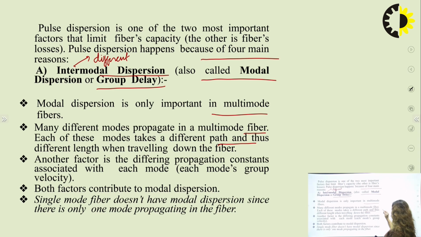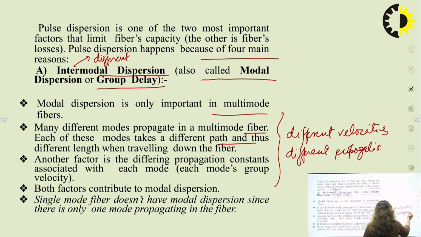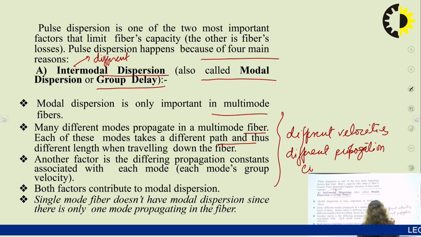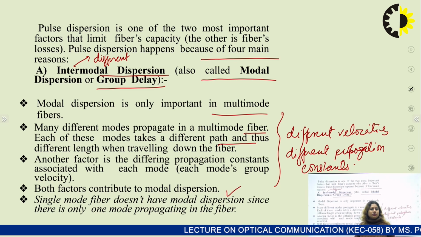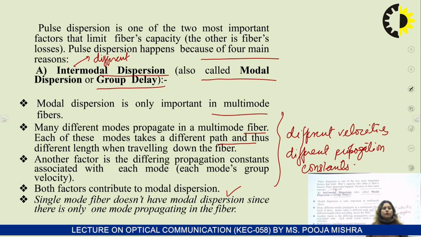Basically, different group velocity or different propagation constant is the reason the intermodal dispersion occurs in multimode fiber. So both factors contribute to modal dispersion. Single mode fiber doesn't have this kind of intermodal dispersion because only one mode exists in single mode fibers.